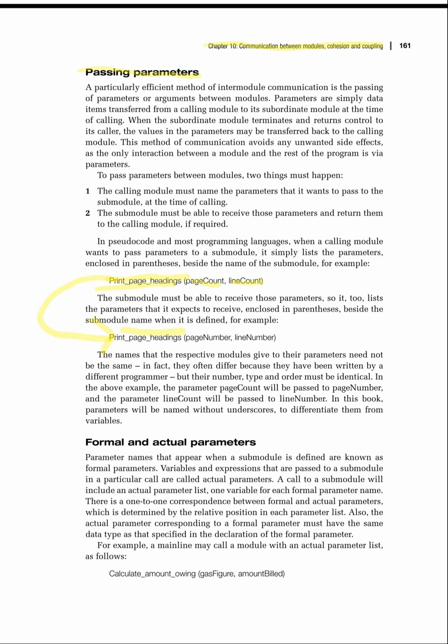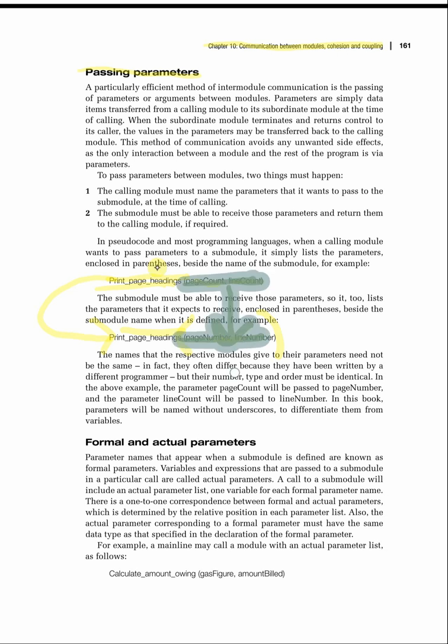Now, print page headings has to be able to receive parameters. So the number of parameters inside here, the parameters list for the called module, has to line up over here with how many parameters it's passing from the calling module. So if I've got 2 here, that has to map to 2 here.